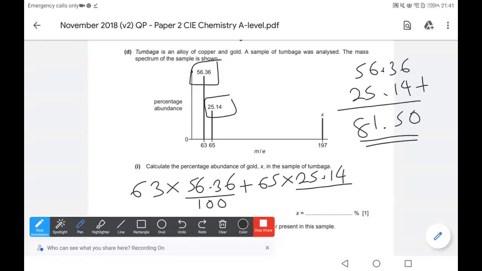We should divide by 81.5 because that's the total. We do it like this because inside 100 there is not only copper, there is gold also. So don't take it as a percentage of 100; take it out of 81.5.